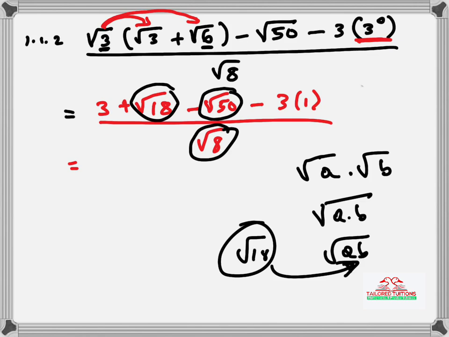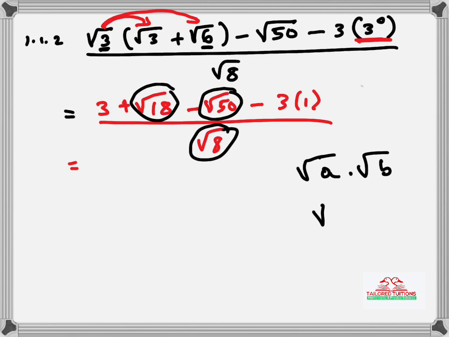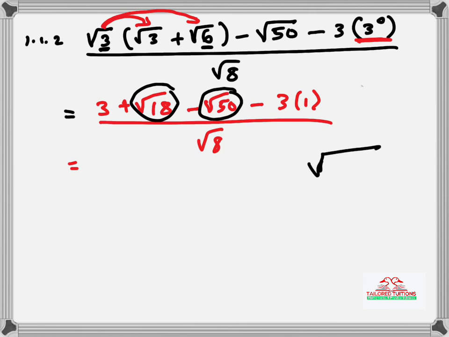We have to simplify the square root of 18, where it comes from. So think of two numbers whose product gives you 18, but one number must be a prime number and one must be a perfect square. Without wasting time, we can write 18 as square root of 9 times 2.